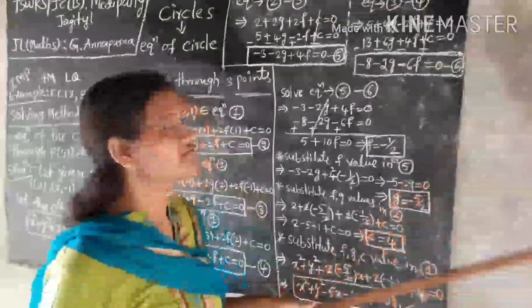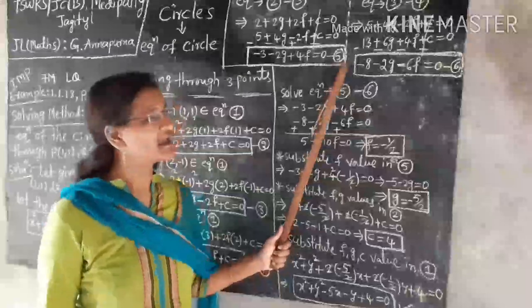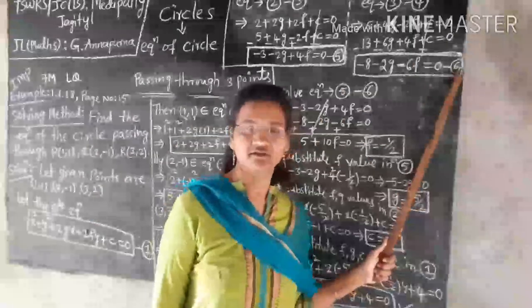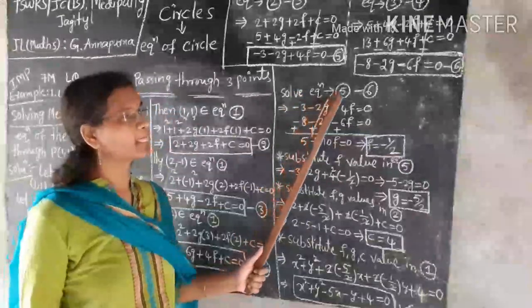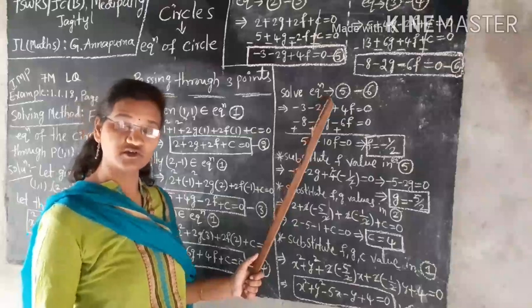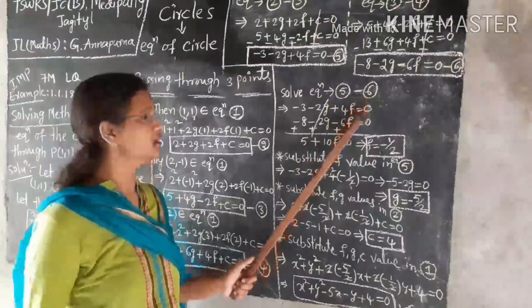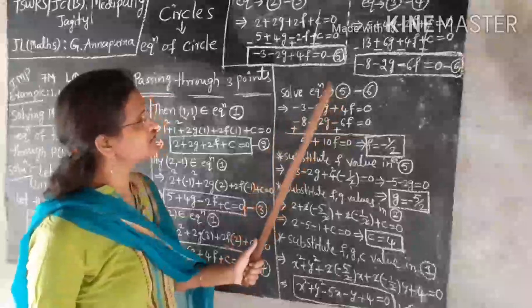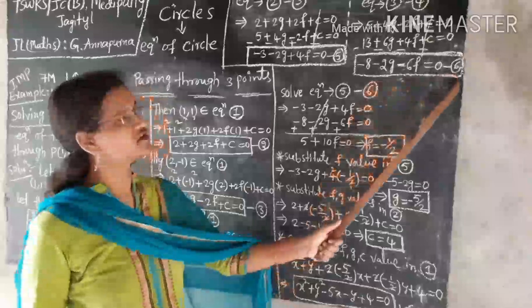Again we are solving the fifth equation and the sixth equation. Solve equation 5 minus 6. I am subtracting equation 6 from equation 5. See, this is equation 5 and this is equation 6.